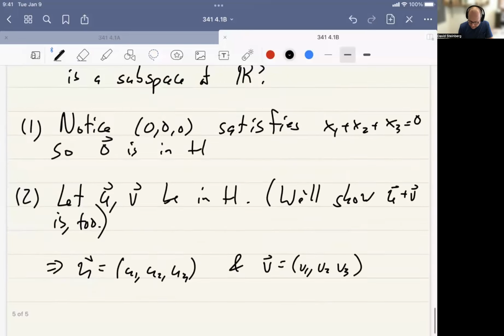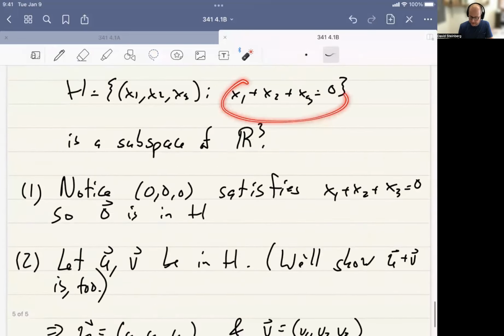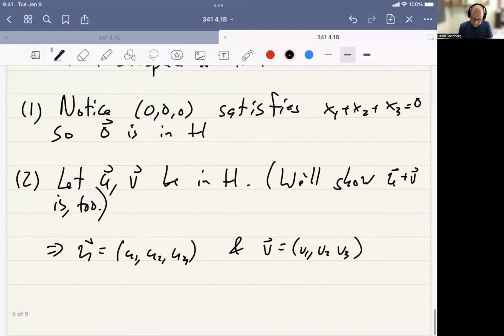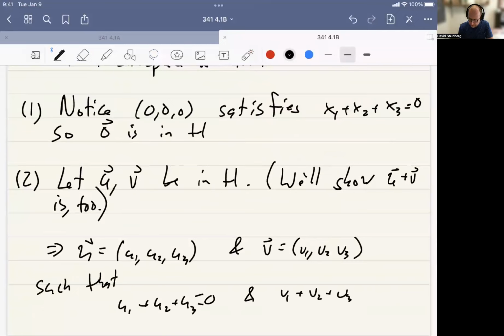And if they're in H, it means that they have to satisfy this equation. So we have these two equalities, that u1 plus u2 plus u3 is 0, and v1 plus v2 plus v3 is 0.